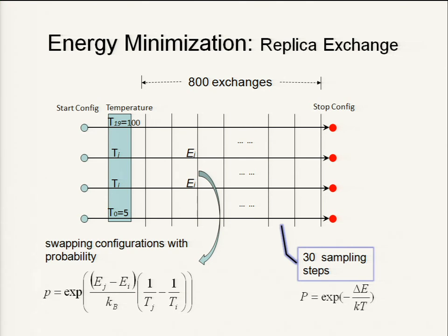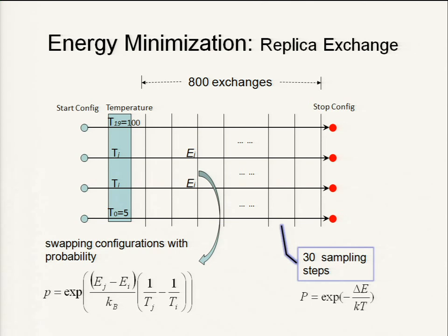Between each conformation swap, we sample 30 steps. Each step is described in the former slides as shown. After each 30 sampling steps, we have a conformation swap. We swap neighboring replicas based on a probability relating to their energy difference and their temperatures.